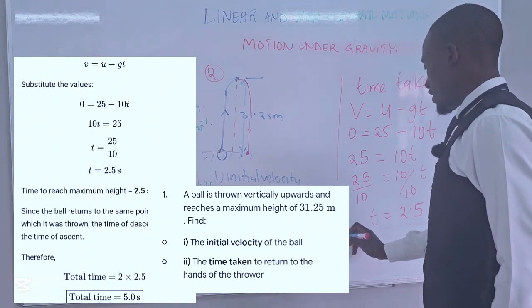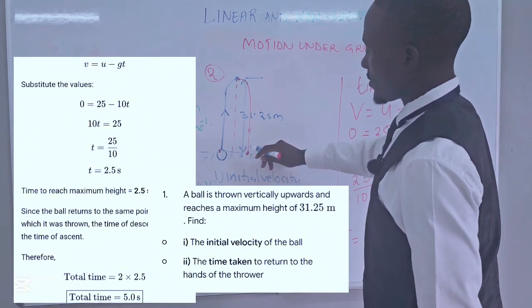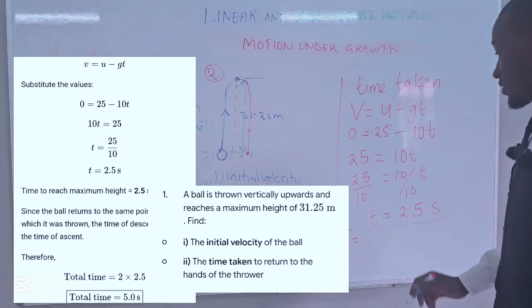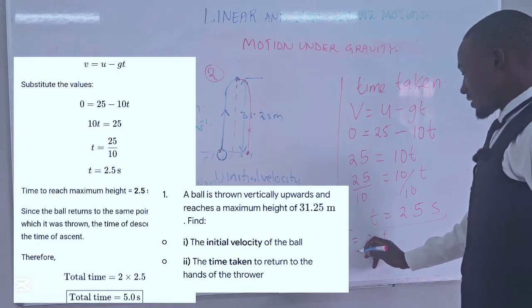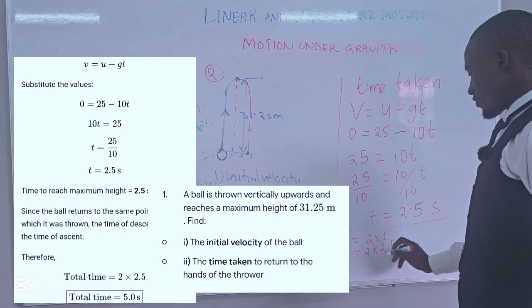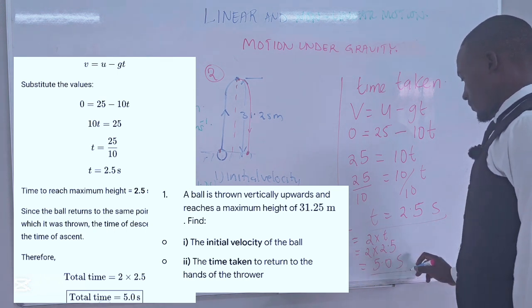So the total time it takes for the entire motion, as it goes and comes back to the observer, is going to be twice the time taken to reach the maximum height, which is 2 times 2.5, which is 5 seconds.